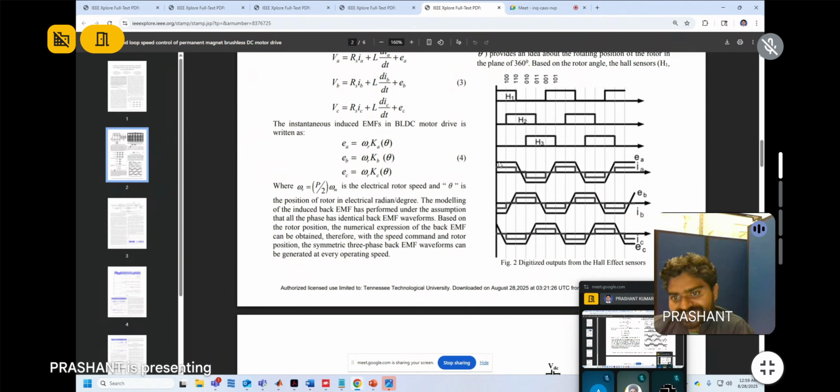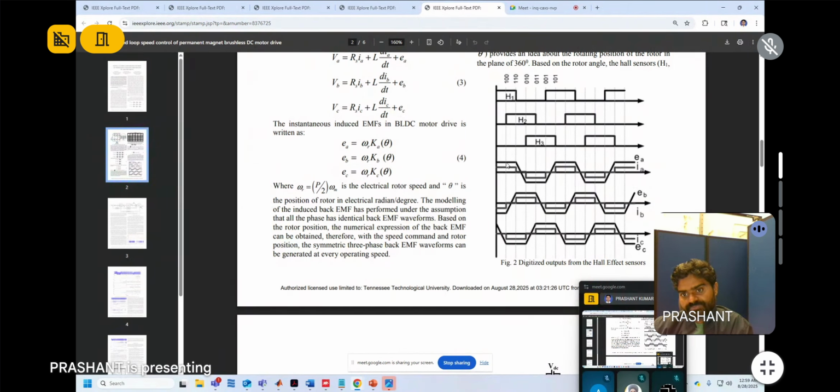Now as the motor rotates, there will be stator phase back EMF across all 3 phases. See here, in case of a BLDC motor, the stator phase back EMF is trapezoidal in nature.